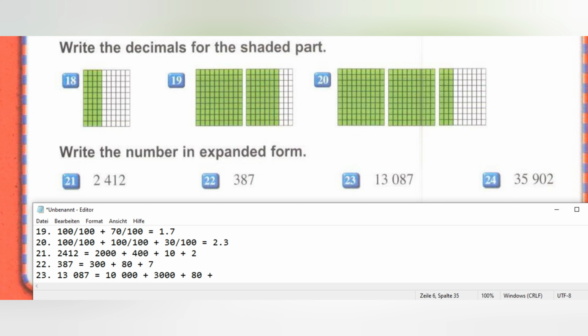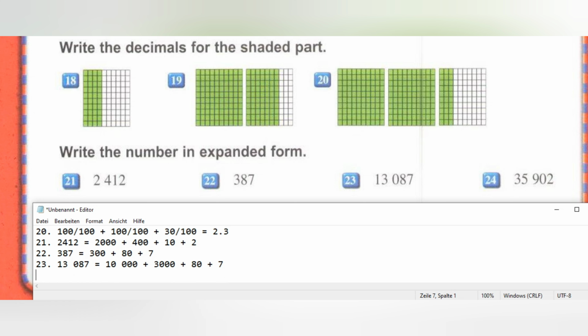And we will continue with task number 24. And the problem 24 is we must write number 35,902 in expanded form, and it's 30,000 plus 5,000 plus 900 plus 2. Okay.